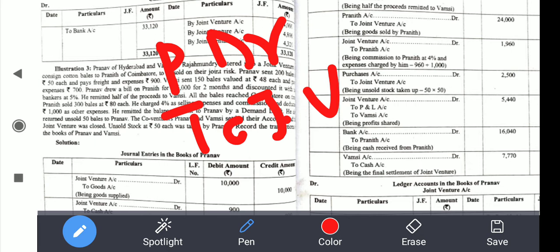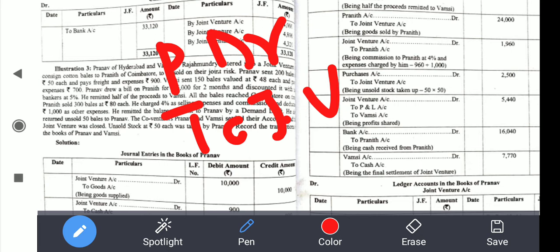Then we have to write the journal entry for the profit and loss account. You prepare the joint venture account and find out the profit. After preparation of the joint venture account, the profit is 5,440. This profit is distributed half to both co-ventures, one is Pranav, another is Vamshi. So how much belongs to Pranav and how much to Vamshi?